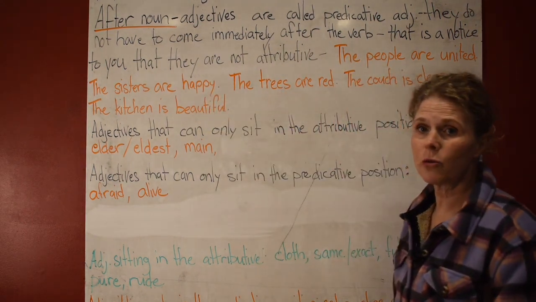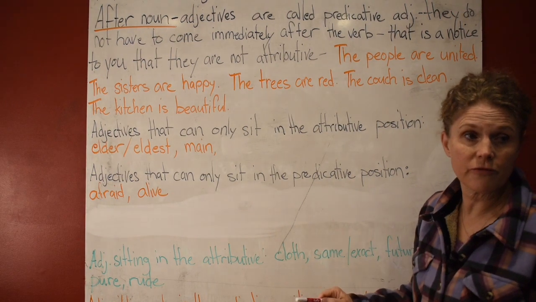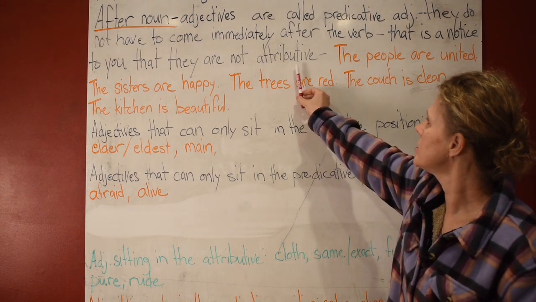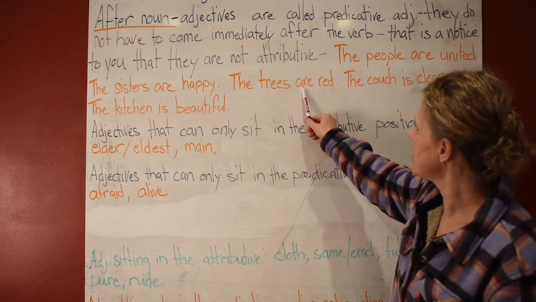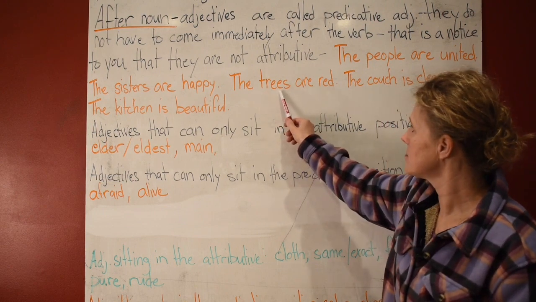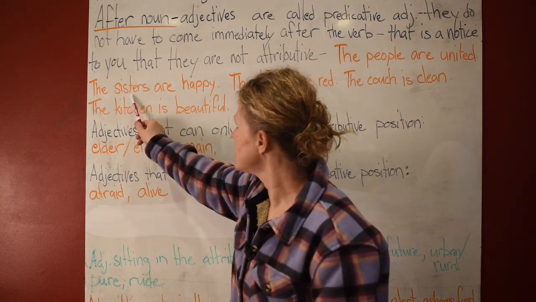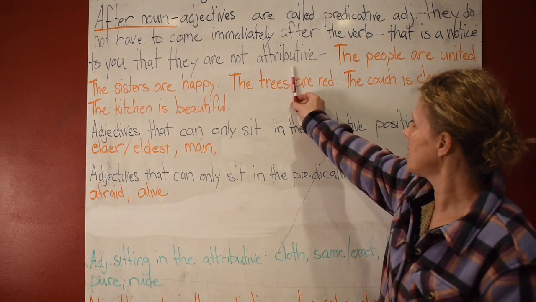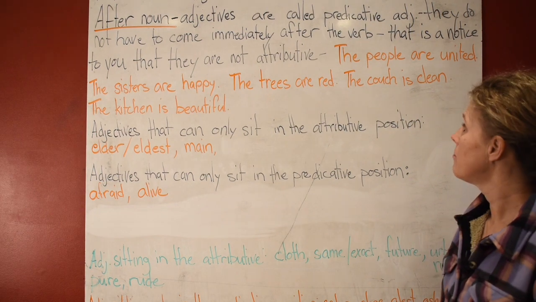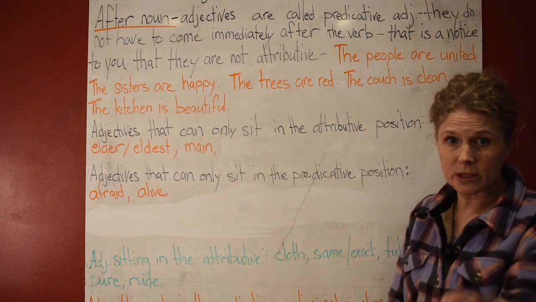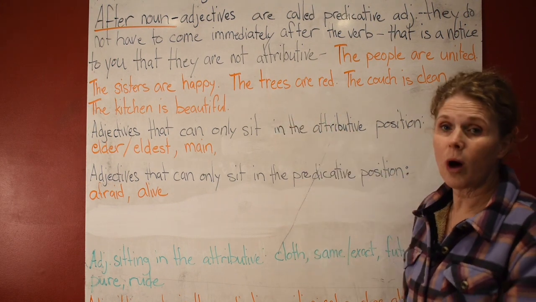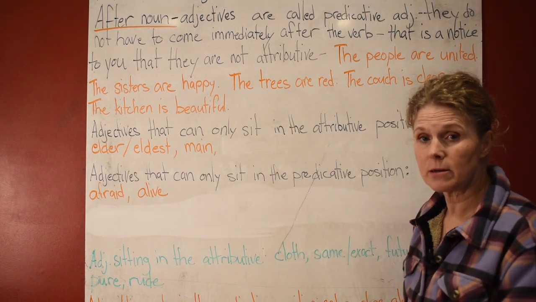The trees are red. What's your verb? Are. They are red. Here is your predicate. Now this right here is your simple predicate, and this is your simple subject. But if you want to say this is the predicate and this is all the subject... What is the simple subject in this sentence, Daniel? Trees. What is just the simple predicate?